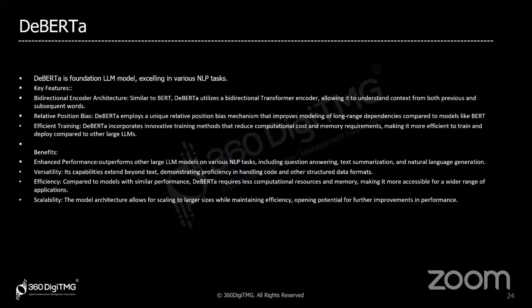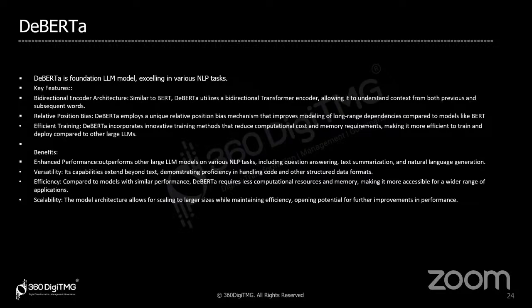DeBERTa is a foundation LLM model excelling in various NLP tasks. The key features are a bidirectional encoder architecture, similar to BERT. DeBERTa utilizes a bidirectional transformer encoder, allowing it to understand the context from both previous and subsequent words. Relative position bias.